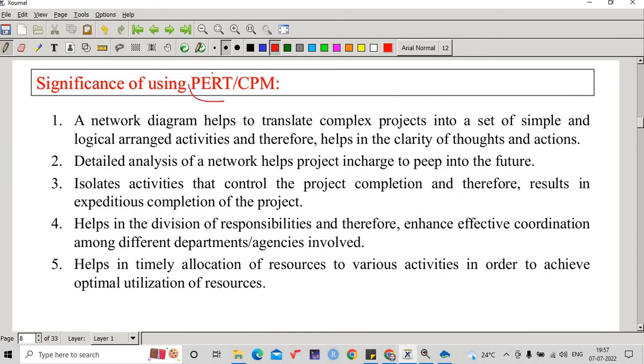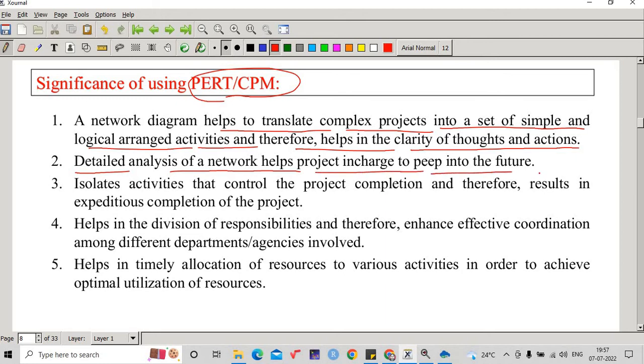Significance of this PERT and CPM analysis, that also needs to be understood. A network diagram helps to translate complex projects into a set of simple and logically arranged activities, and therefore helps in clarity of thoughts and actions. Detailed analysis of a network helps the project in-charge to peep into the future.